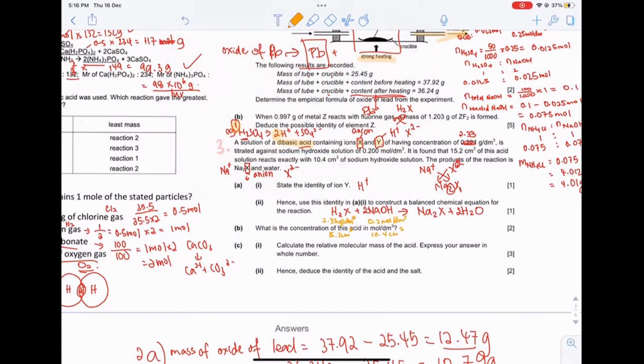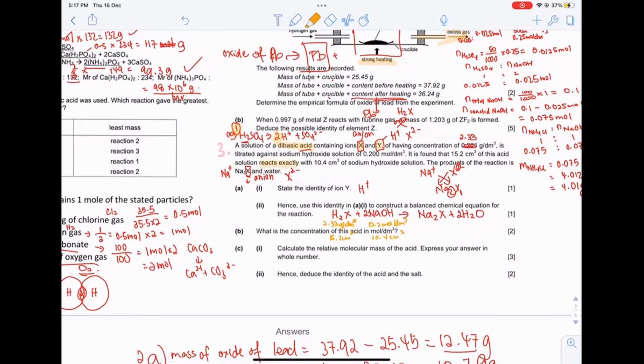They're asking for the concentration of acid in mole per dm cube. So you can work from the mole ratio, from the sodium hydroxide. Why? Because the values that they give you are exact, meaning they react exactly with each other, like they mentioned here.